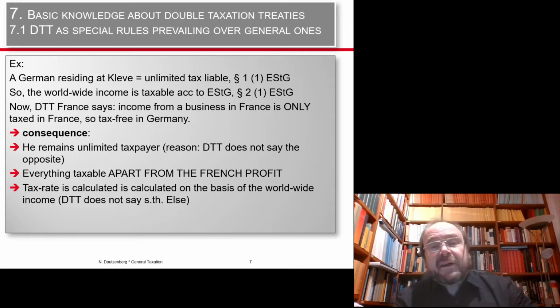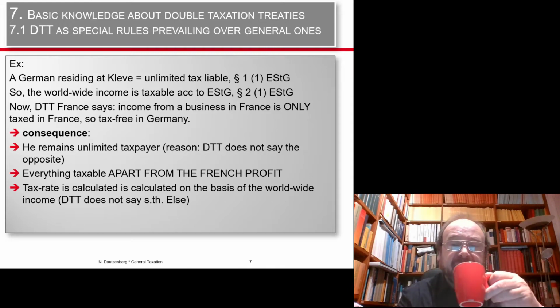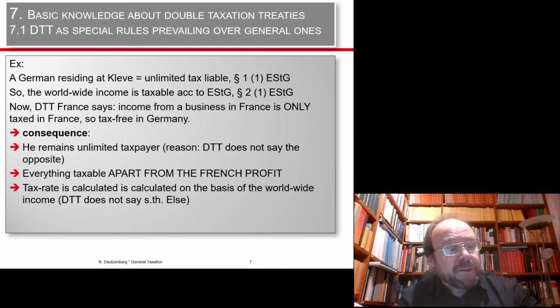Now the tax rate, how would that be determined? Well, the DTT doesn't say anything about the tax rate which Germany levies on your worldwide income. It only says leave the income from France tax-free. So how high or low we set the tax rate for the rest is entirely our own affair. We can freely decide which tax rate we apply, on which reasons we apply that tax rate.